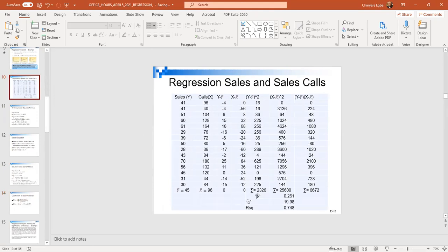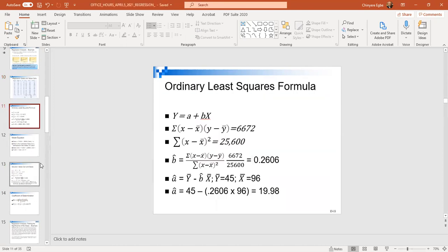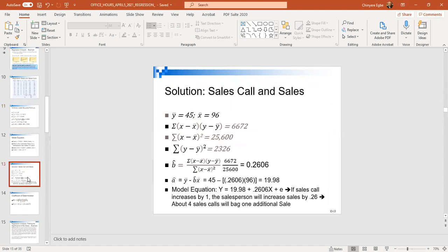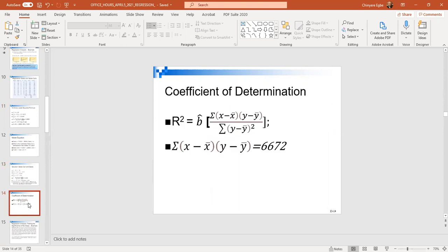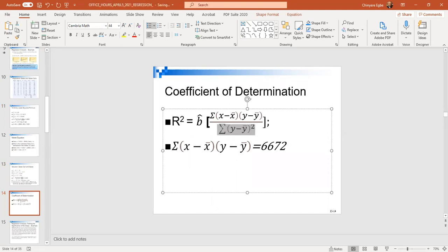Y minus y bar squared is 2326, which we calculated here.